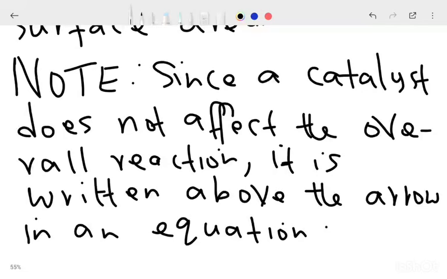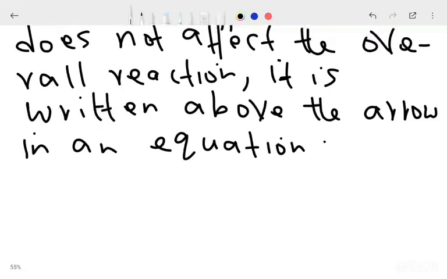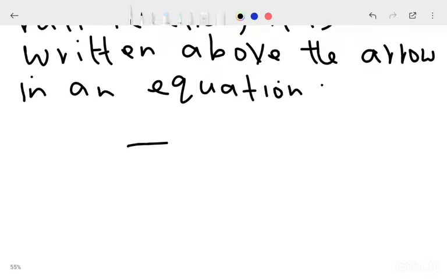Now, a catalyst does not affect the type of product formed in a reaction. And a catalyst has no effect on the equilibrium of a reversible reaction. A reversible reaction means a reaction that can go forward and back. That's why in some reactions you will see two arrows in the middle, one going forward and one coming back.